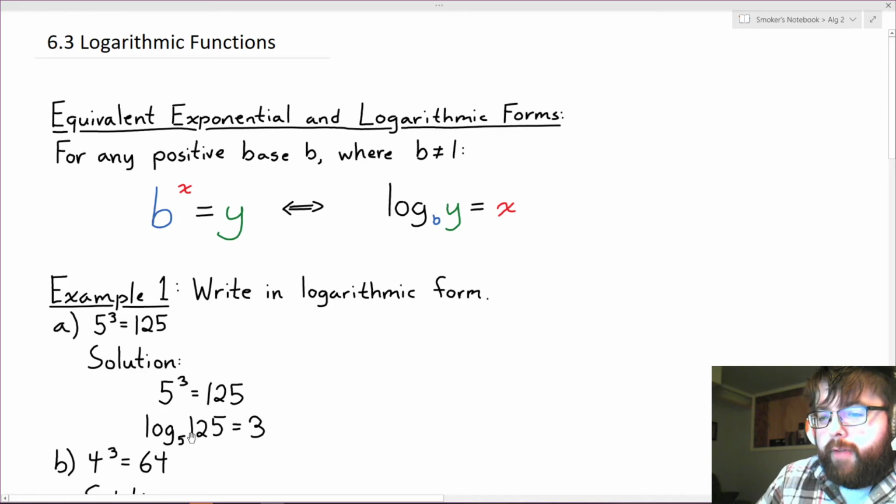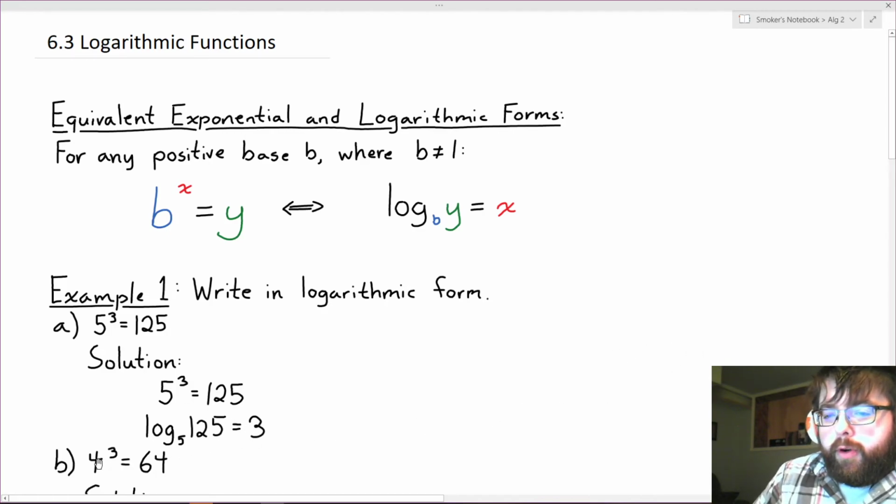So log base 5 of 125 is equal to 3. In example 1, they want us to rewrite this exponential form into logarithmic form, and as you see here, I did that. The base goes subscripted, the value goes into the log, and the exponent is what it's equal to.